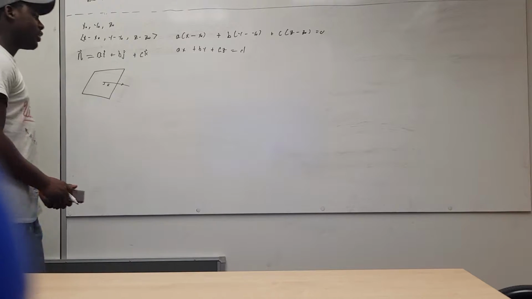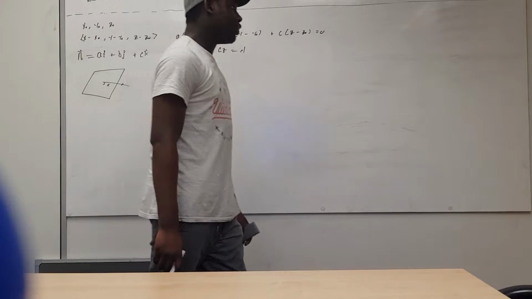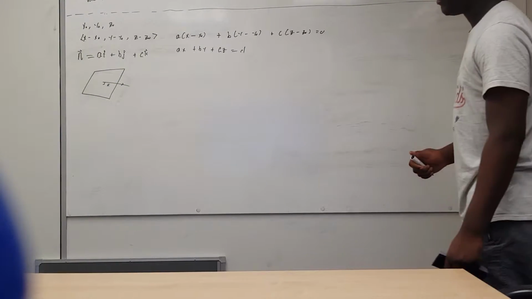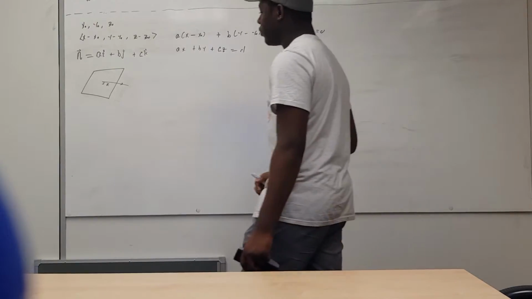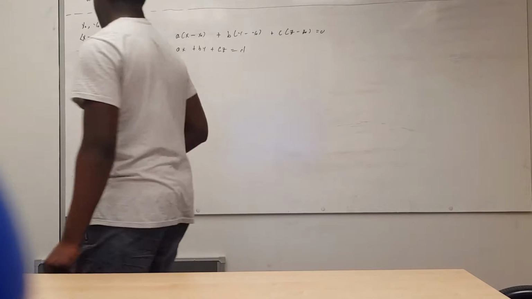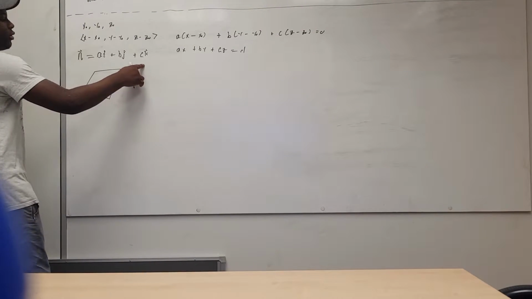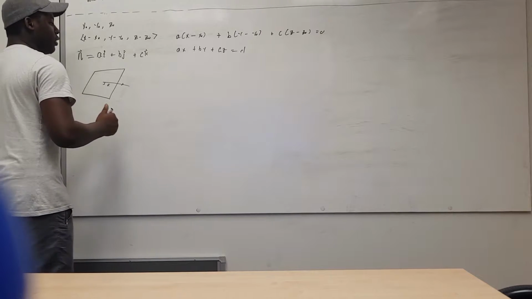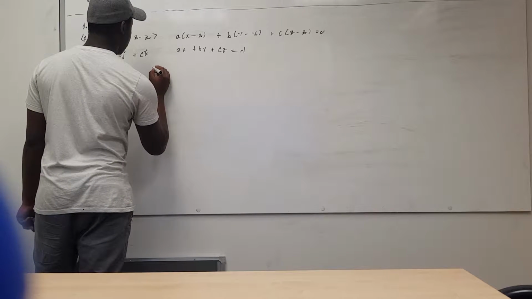Wait, but we know something there. What do we know? We know that the normal vector is given by the gradient. This is true: a normal vector to a plane.